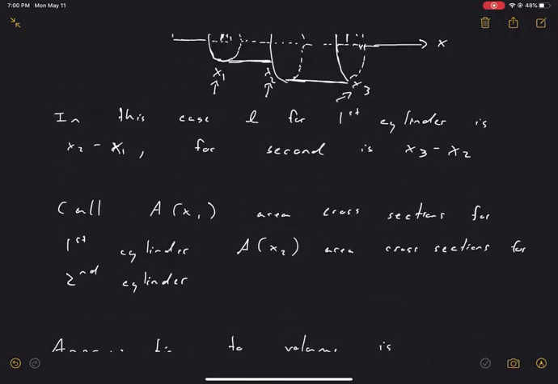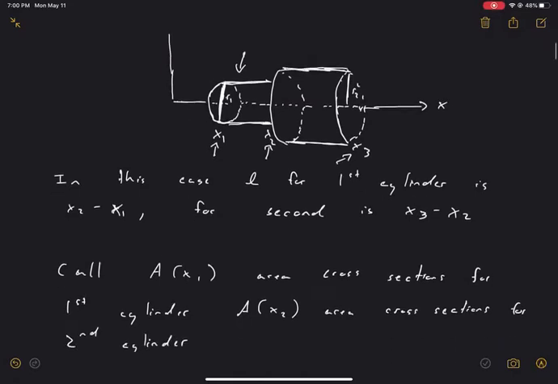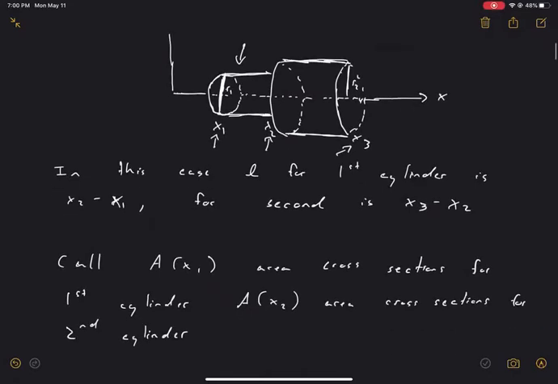Let's call the area of the cross sections for this first cylinder AX1. So I take a cross section of this cylinder, and it's going to have area AX1. And if I take a cross section of this second cylinder, it's going to have area AX2.